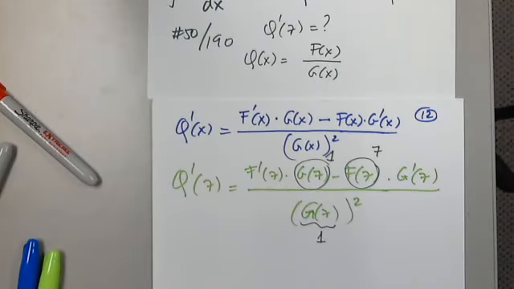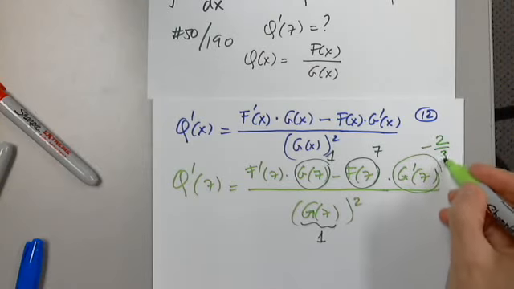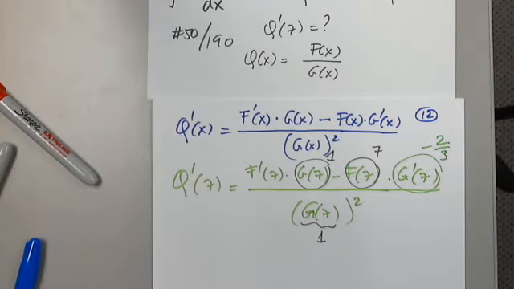So I see run of 3 and rise of 2. It's negative also. So g prime of 7 will be negative 2/3. Do we agree? Okay. So g prime of 7, this negative 2/3.